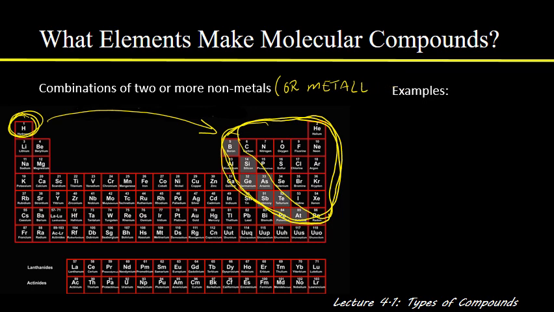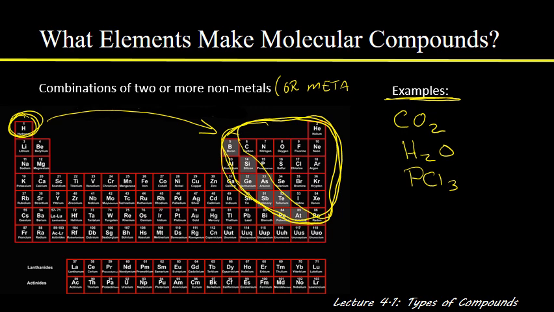So some examples of things that you might be familiar with. Carbon dioxide, people talk about that a lot in terms of the atmosphere and global warming. Water is a simple one, right? Water is a molecular or covalent compound. If we made a compound with phosphorus and chlorine, phosphorus trichloride, that would be a covalent molecular compound.